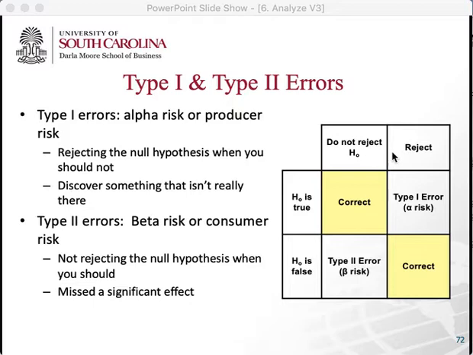So let's say you reject the null, right? You say, oh, there is a difference between those 2 samples, okay? And actually the null is true. So then you're making a mistake, right? And what is the chance of making that mistake?